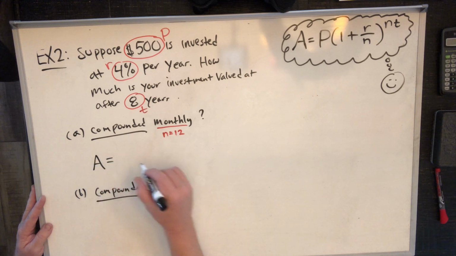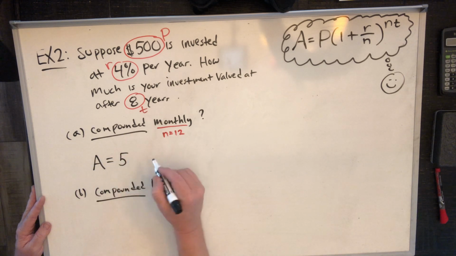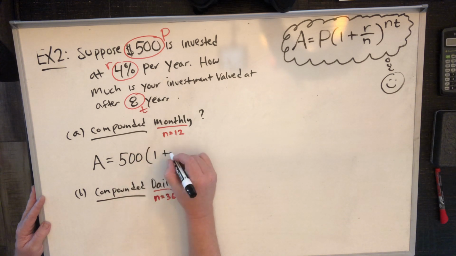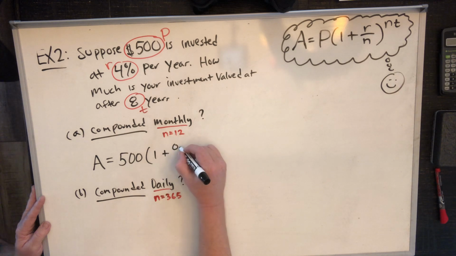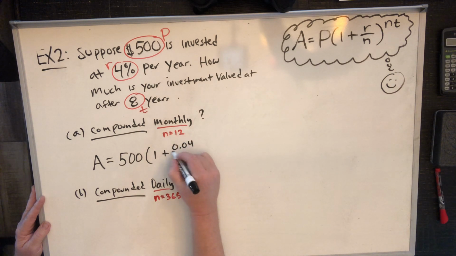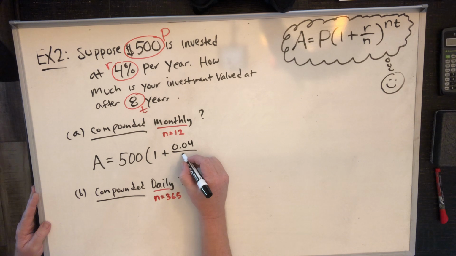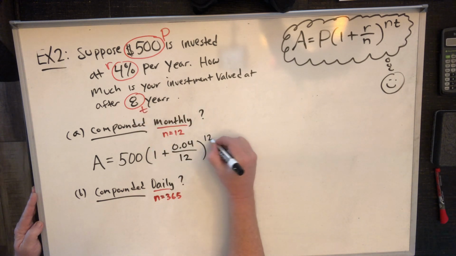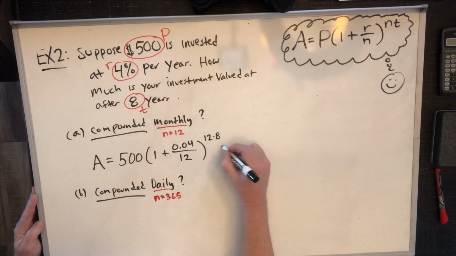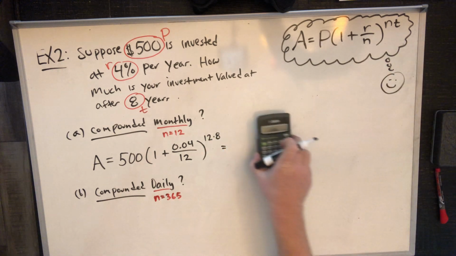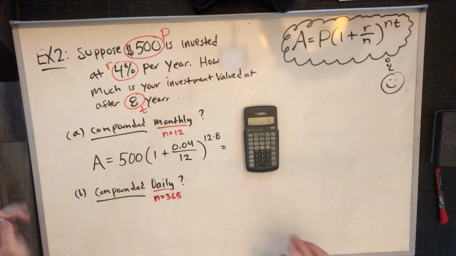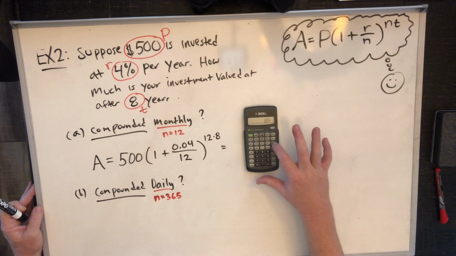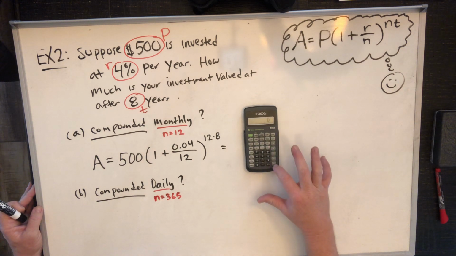The amount that we will have in our investment after 8 years is $500 times 1 plus the interest rate, 4%, divided by 12, raised to the 12 times 8 power. You are definitely going to need to have a good calculator for this. Work from the inside out. So we've got 4% divided by 12.